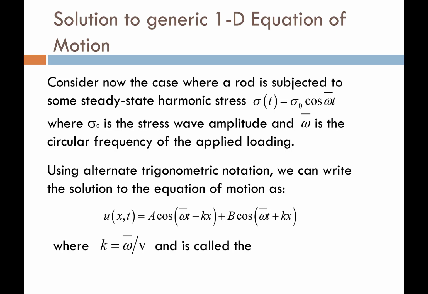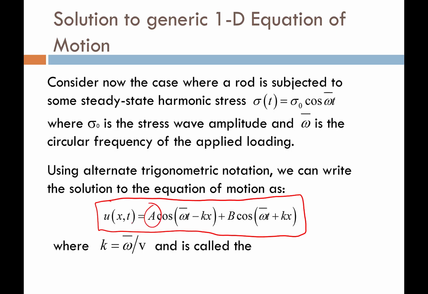Now, from what we learned in the last lecture on vibratory motion, we can take our solutions from alternate trigonometric notation and apply them to that wave equation, and the solution to the wave equation therefore becomes an equation that looks like this, where A and B are the amplitudes of the waves of those two cosine functions.